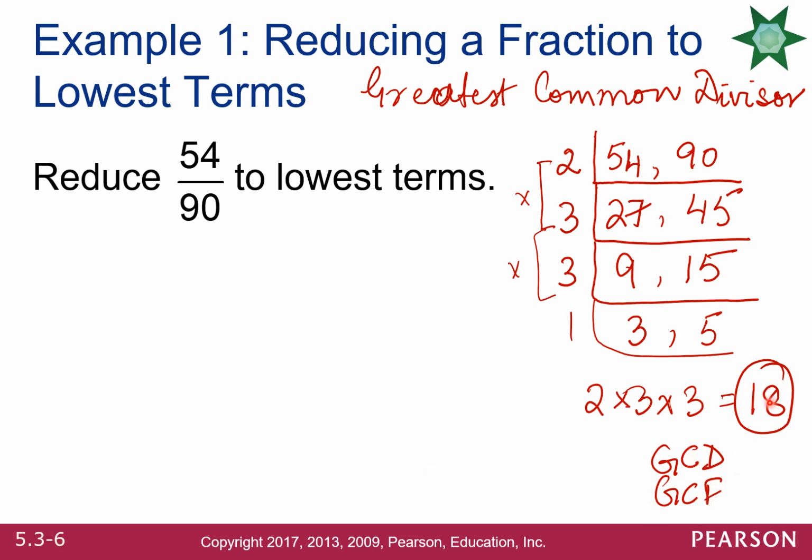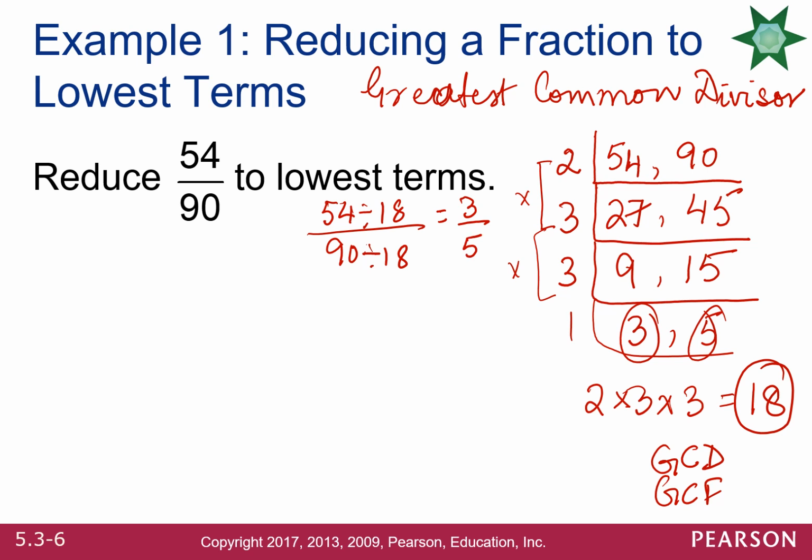So 18 is the largest number that is common to both 54 and 90, and by which both these numbers are divisible. So if you do 54 divided by 18 and 90 divided by 18, you will get 3 over 5.